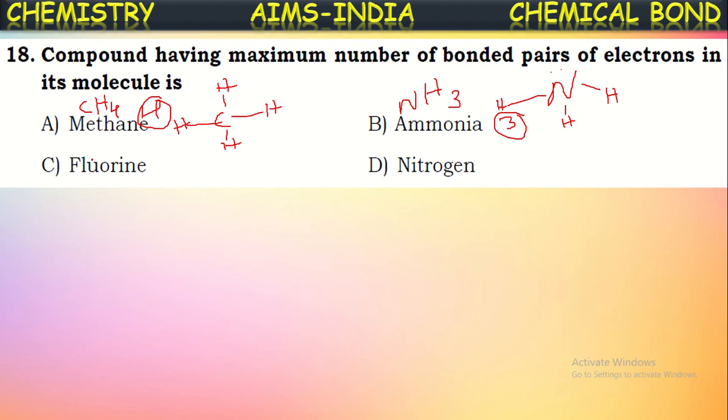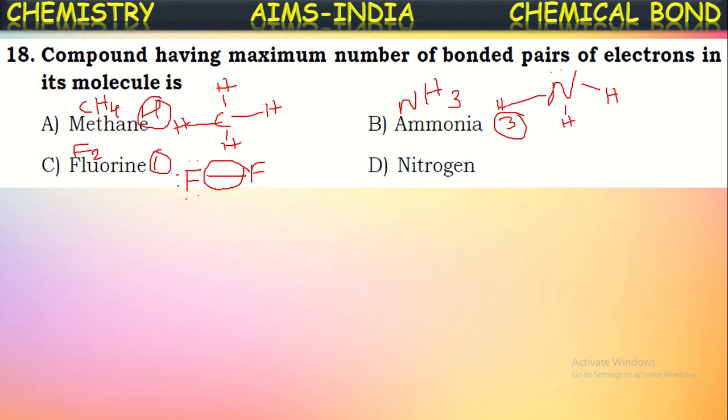If you see the fluorine molecule, its molecular formula is F2. If you write the molecular formula with Lewis dot structures, we know each fluorine will be having totally 7 valence electrons. It is bonded with the other fluorine atom with one covalent bond. Now the number of bond pairs is only 1.